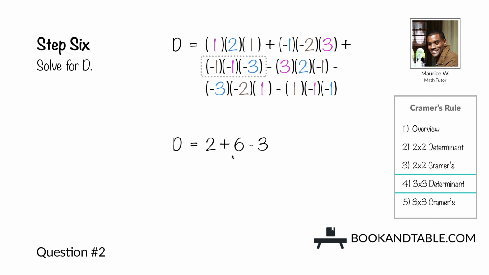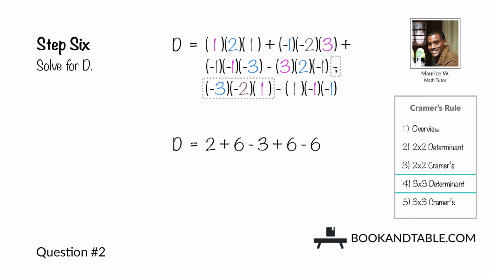Plus negative 1 times negative 1 is positive 1. Positive 1 times negative 3 is negative 3. Minus 3, so that's negative 1 times 3, which is negative 3, times 2 would give us negative 6. And negative 6 times negative 1 is positive 6.